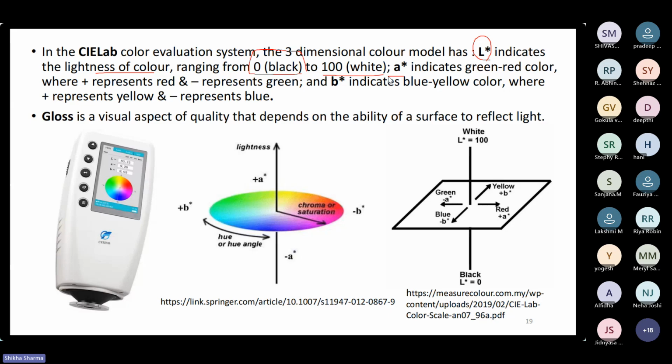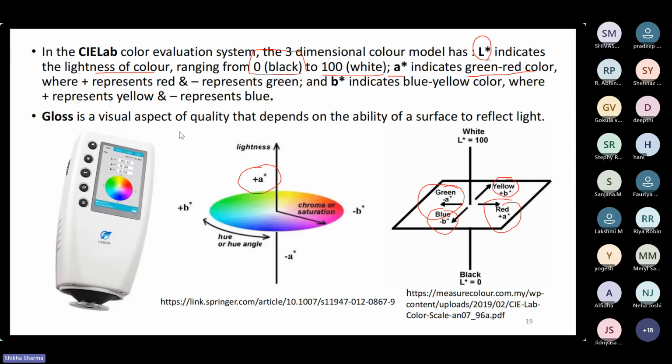Then A star indicates green and red color. If A star is positive, it represents redness, and if A star is negative, it represents green. If B star is positive, it's yellow, and if B star is negative, it's blue. So these are the values it represents.